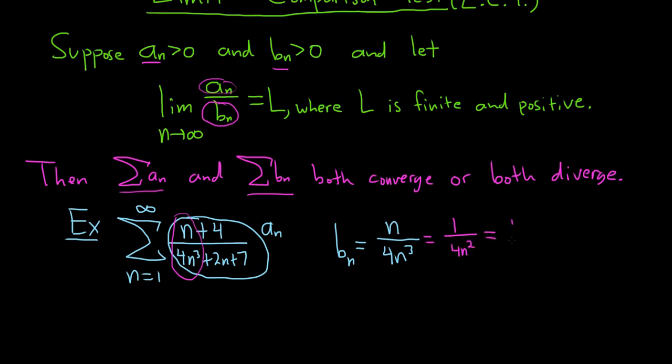That's the same thing as 1/4 times 1 over n squared. So that's going to be our B sub n. That always works, almost all the time. There's a couple cases where it's a little bit different, but most of the time this will work. So you just take the leading terms like this, and that's going to give you your B sub n.